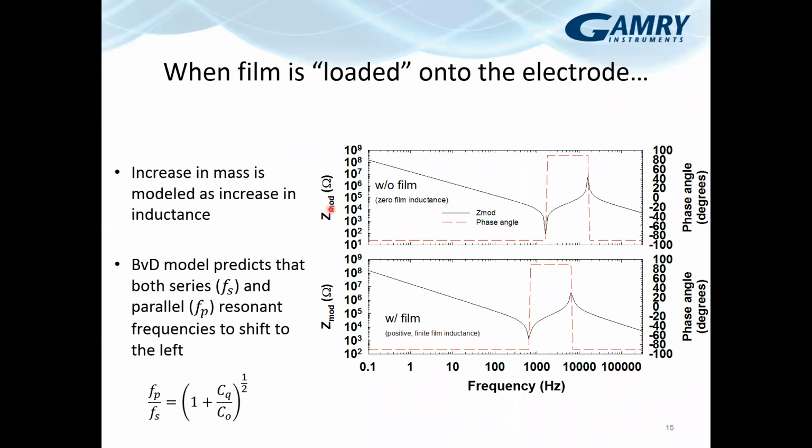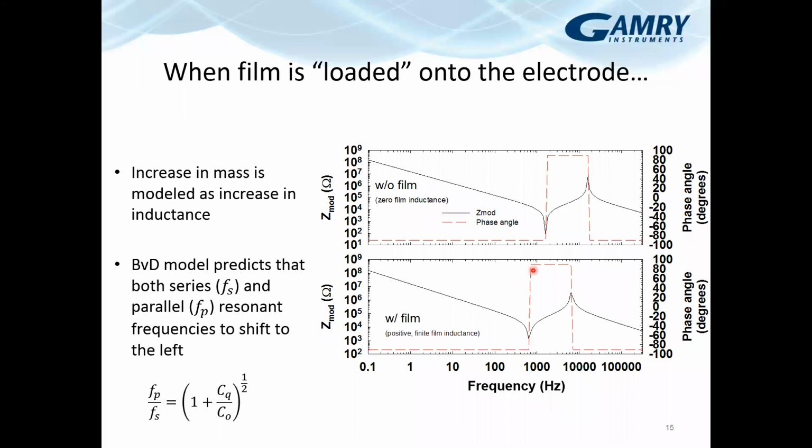And so here, to show that in terms of a plot, and again, this is a Bode plot. When the film is actually loaded onto the electrode and you take your model data, I modeled the BVD with a particular inductance and capacitance and resistance in order to get into a range that I could make the model in eChem Analyst.